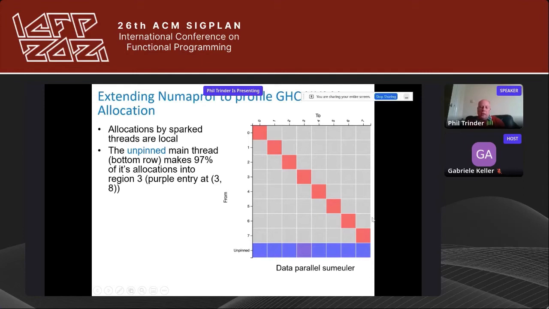That's exactly what the GHC 8.2 optimization does. However, the unpinned main thread does a huge amount of allocation into one specific region, region 3.